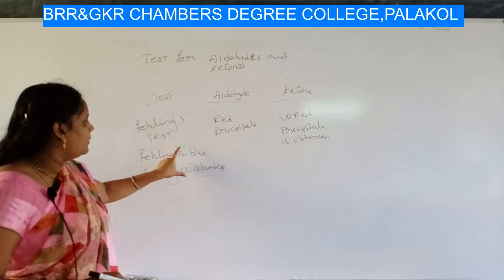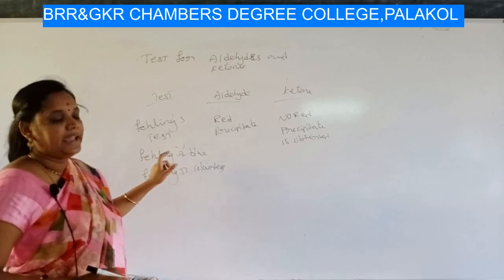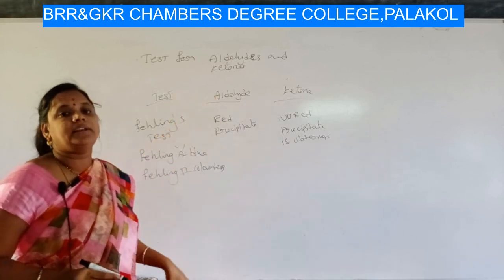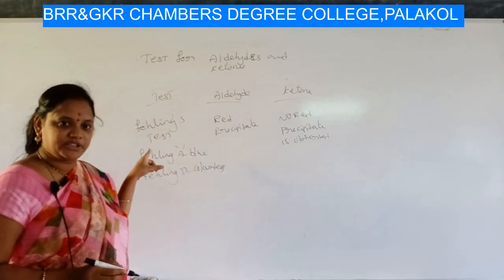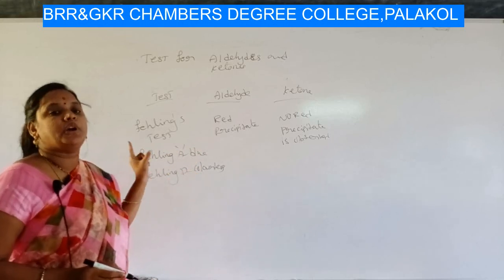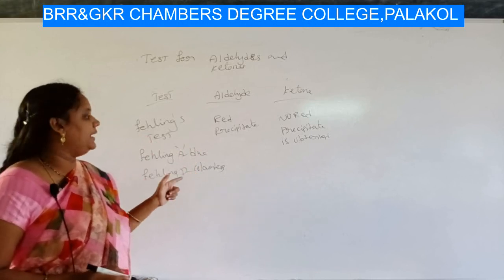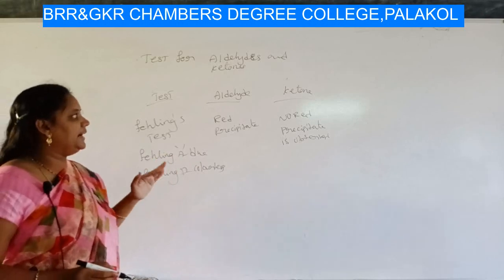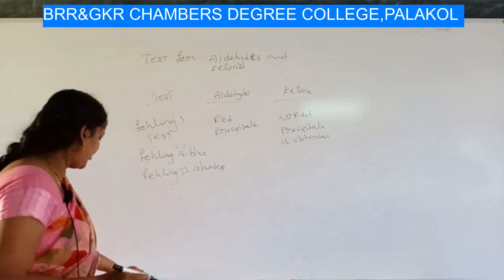When you add both Fehling A and Fehling B, a red precipitate is observed in aldehyde, whereas no precipitate is observed in ketone. Please remember, Fehling A is a blue solution of copper sulfate and Fehling B is a colorless solution of sodium potassium tartrate. In this way, we can easily differentiate aldehyde and ketones by using Fehling's test.